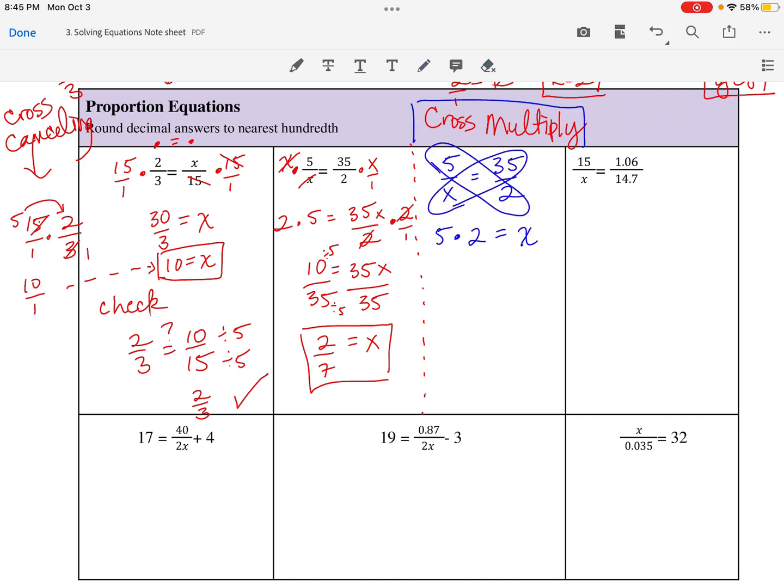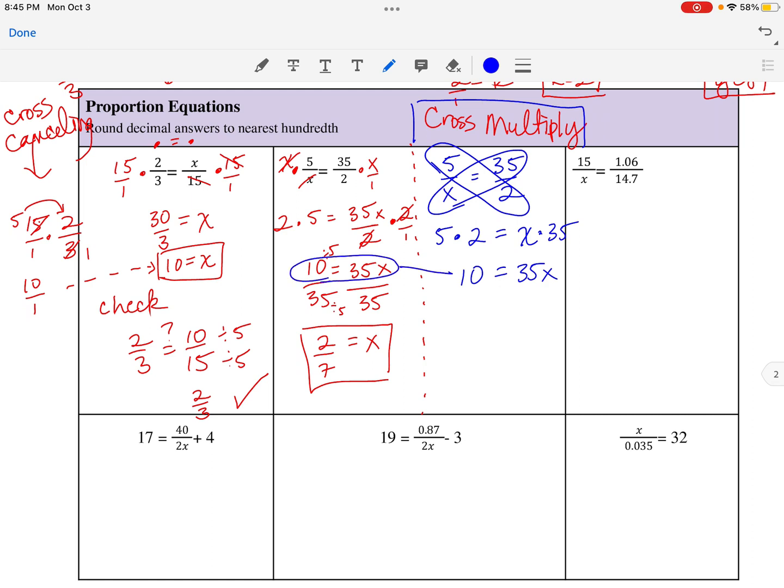I think I'm going to write that as x times 35, or 35x. Notice that this side would be 10 equals 35x. Notice that this is the same as what we had here. So it gets us to that step kind of quickly.